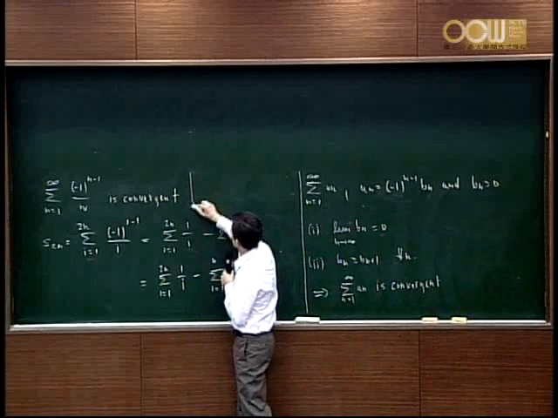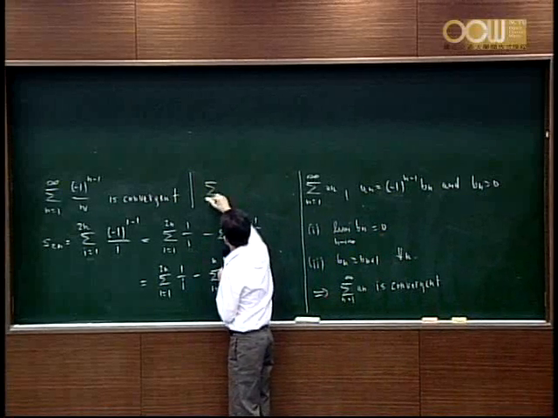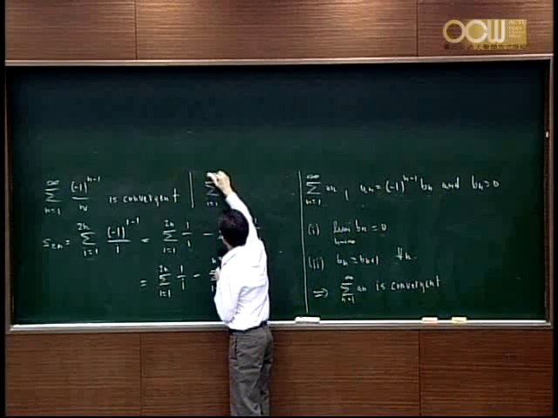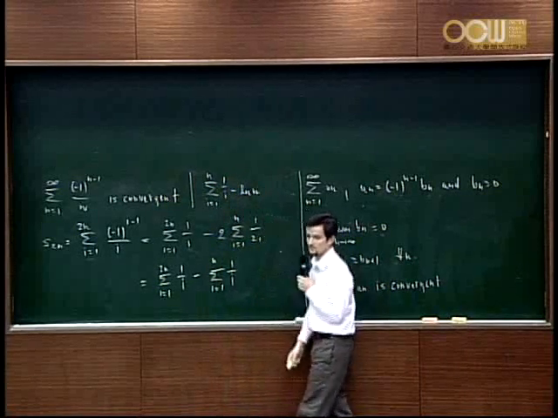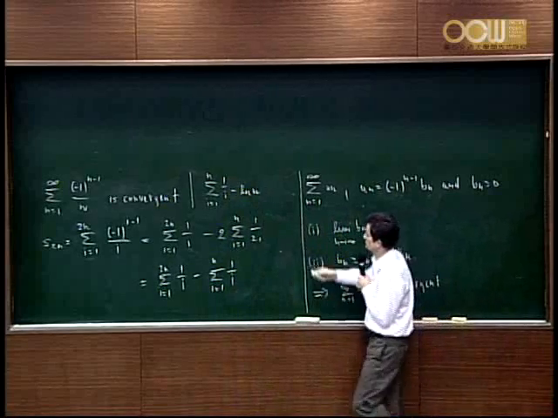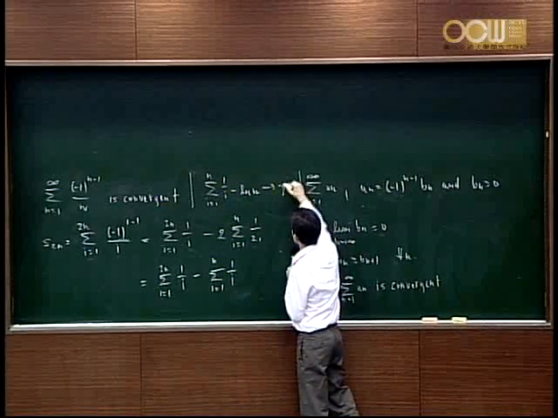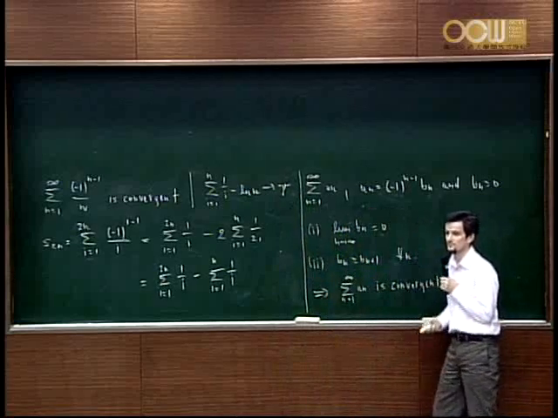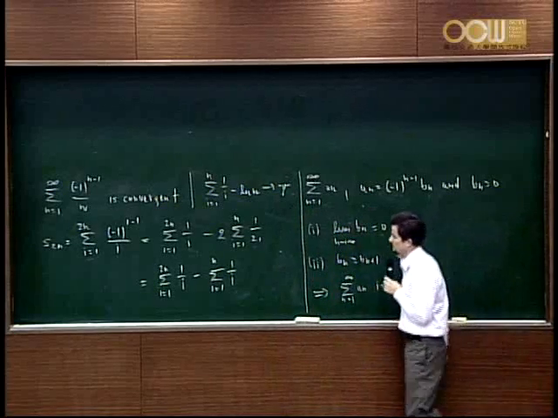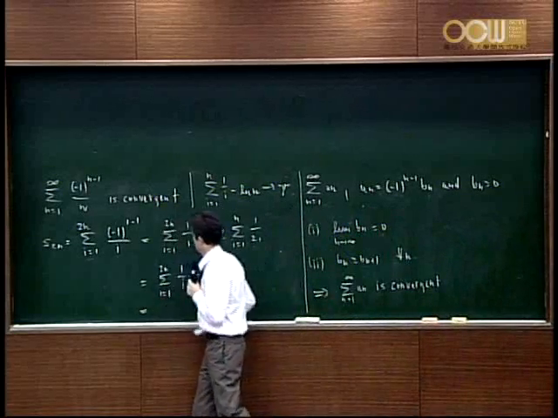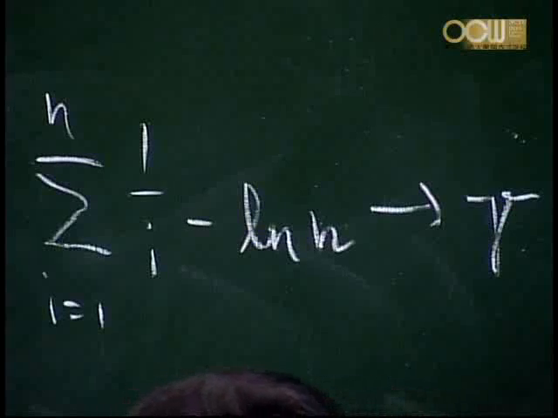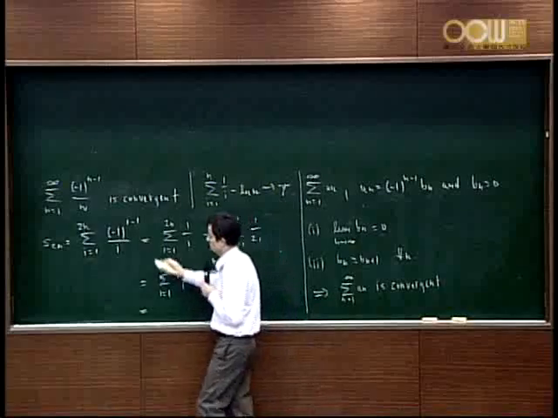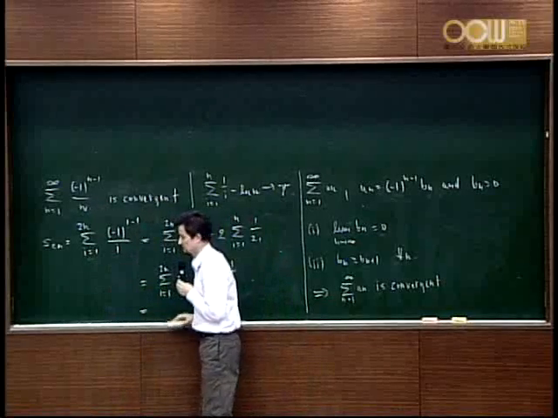Last time I showed you, maybe you remember, that if you take this sum here and you subtract ln of n, so we saw last time this will converge to something which is called gamma. Now, this suggests that you subtract here ln of 2. So this suggests that here the limit is ln of 2.